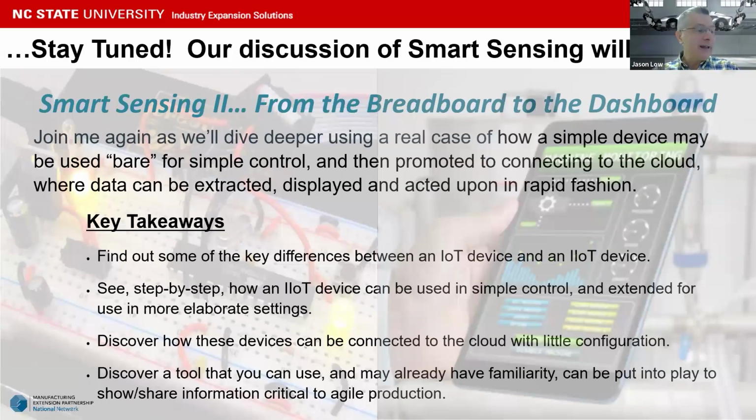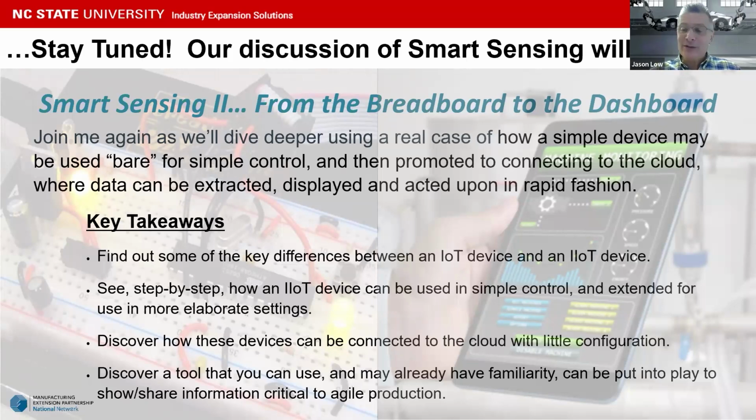So, a glimpse to next spring. I want you to come back, because I'm hopefully going to have a canned presentation where, instead of showing videos, I'll show you something in real time, using the equipment beside me, that takes some of these types of sensors, maybe some more Internet of Things, maybe some home automation devices, showing how we can do things with that from a breadboard point of view, and then also on a higher level with these smarter industrial devices, where we can bypass a control system.